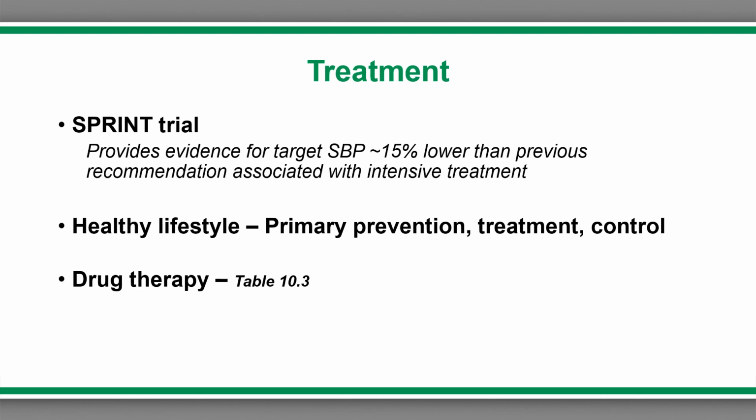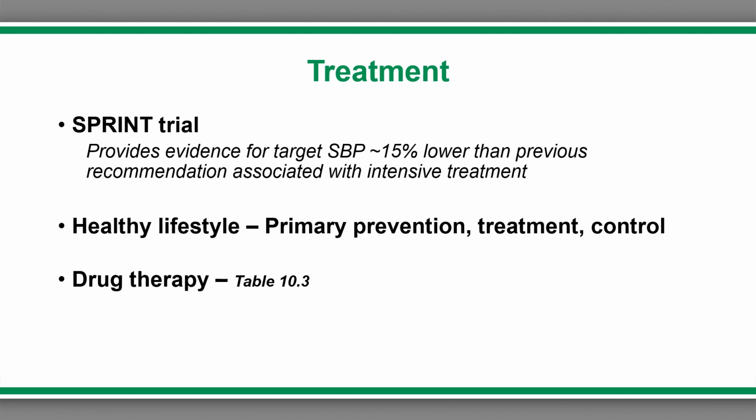So how do you treat? Well, one issue is either exercise, healthy lifestyle, or drug therapy. And the drug therapy, I already mentioned those earlier in the previous presentation. We're looking for a target of decreasing our blood pressure.